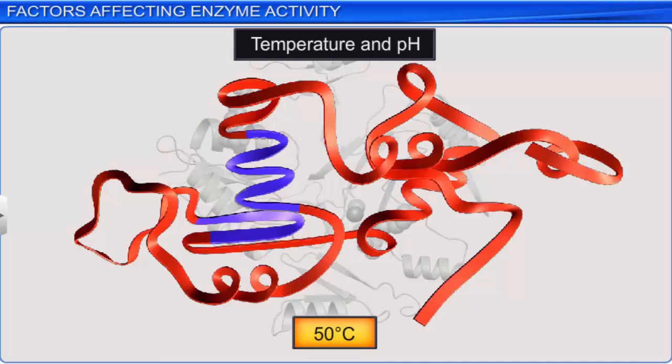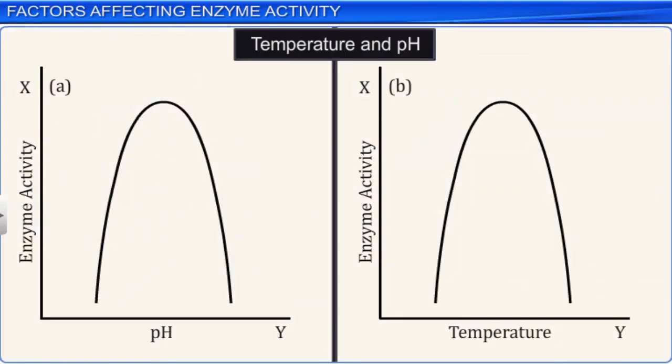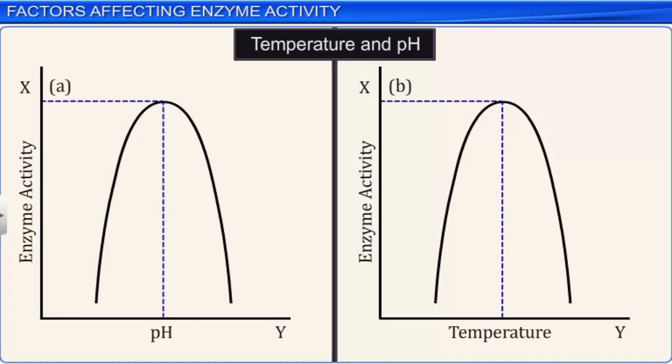In other words, the tertiary structure of proteins is destroyed and they become functionally inactive. Every enzyme demonstrates its highest activity at a particular pH level and temperature, which are called optimum pH and optimum temperature respectively.